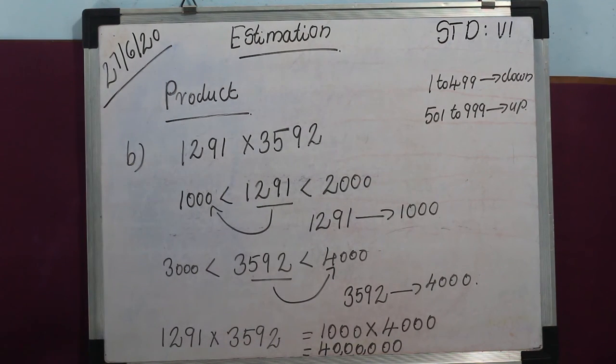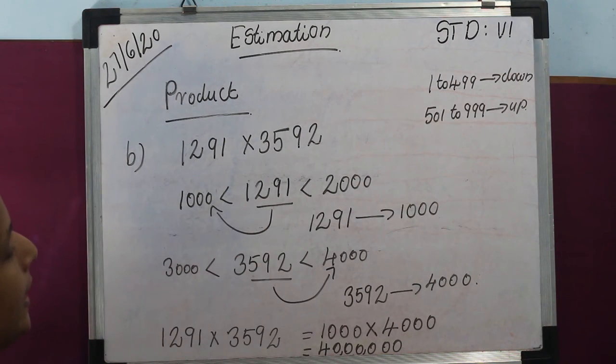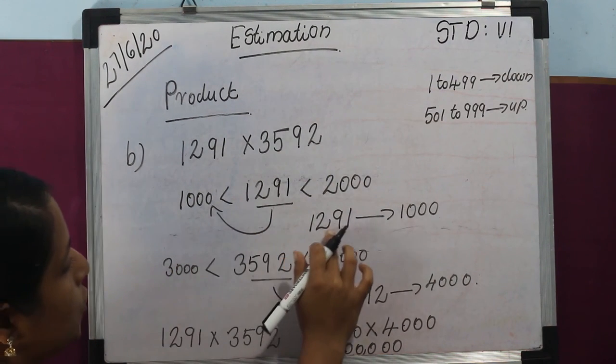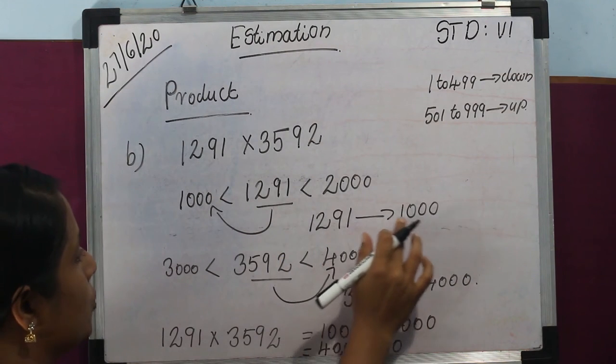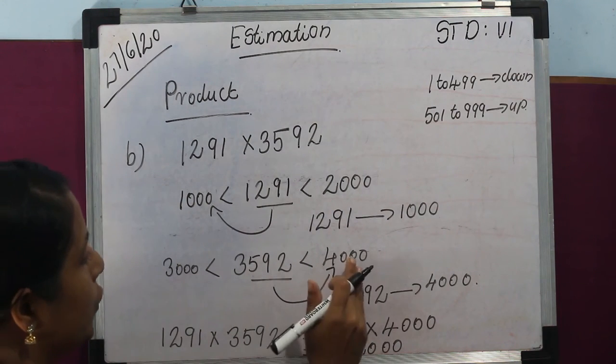Once more, the question is 1291 into 3592. 1291 lies between 1000 and 2000. We know that 291 is rounded down to the first number. Therefore, 1291 is rounded down to 1000. Next number is 3592. 3592 lies between 3000 and 4000.